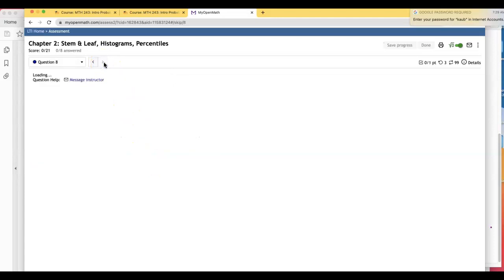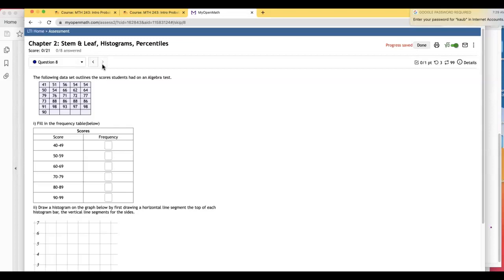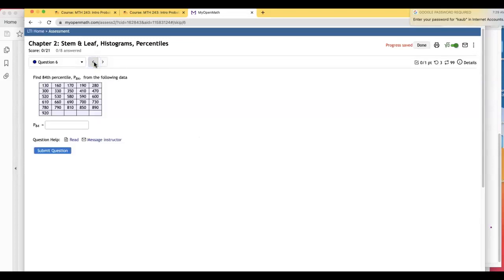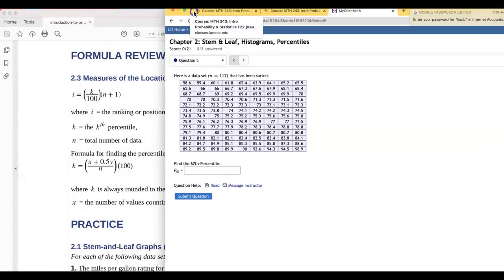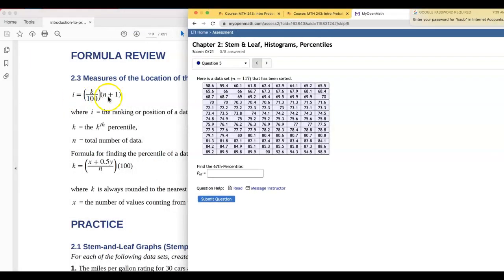Now, if you're going to use a certain percentile number, right here, 67th percentile, you want to use the formula. So if you're going to do that on this one, you're going to use this percentile formula right here.